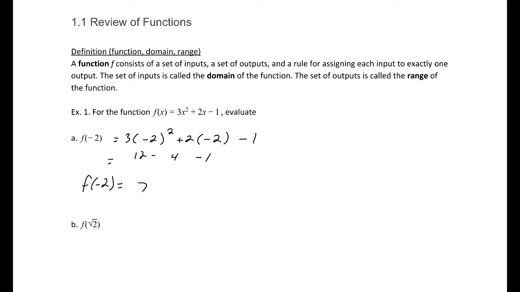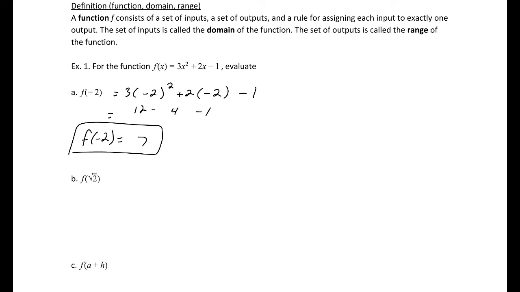Simple enough. Now let's evaluate that at the square root of 2. So 3 times square root of 2 squared plus 2 times square root of 2 minus 1. Scratch that.